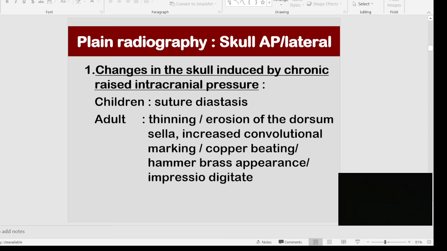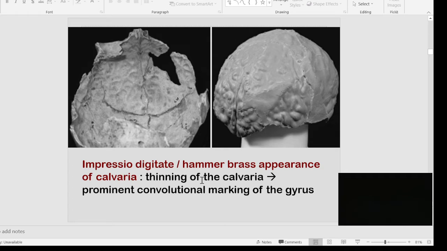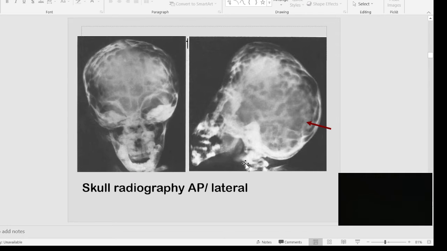So here we have a few images using X-ray. It shows thinning and erosion of the dorsum of the sella turcica. This is an example. Here is the thinning of the skull.